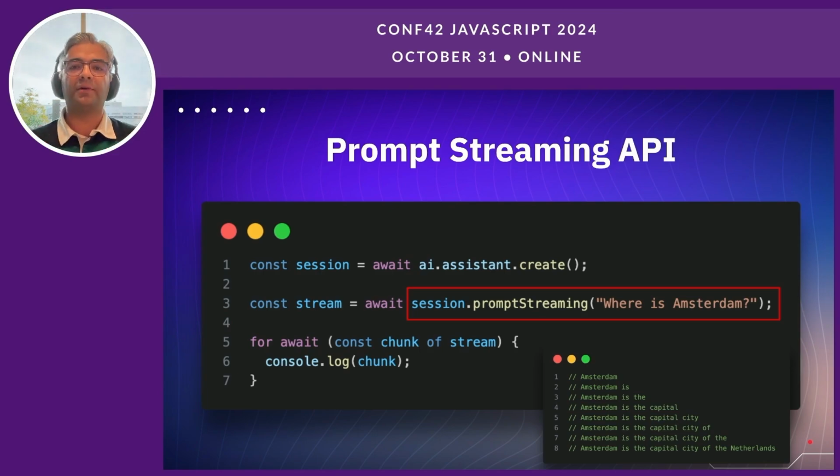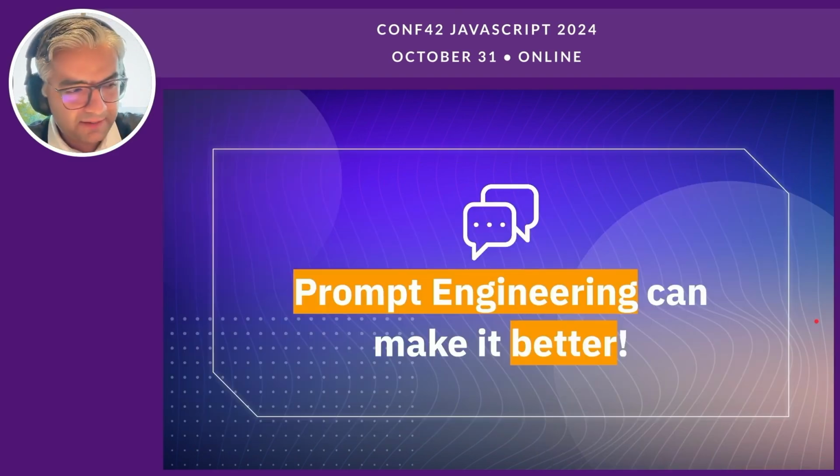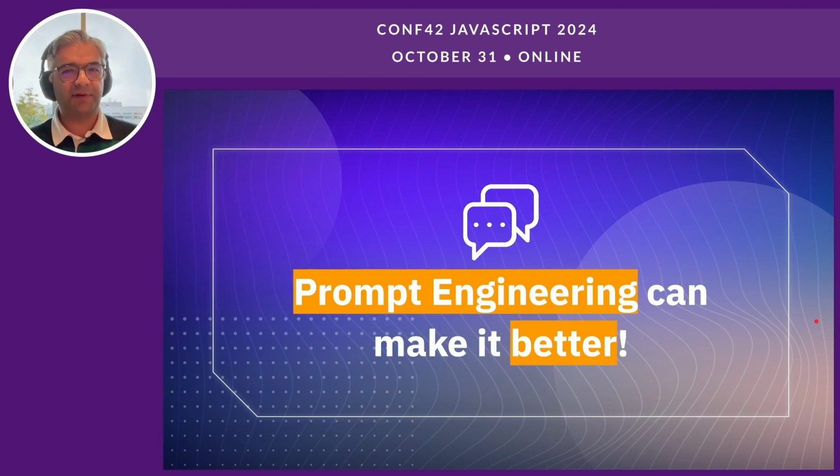That's how it works. When you're dealing with prompt or prompt streaming, just imagine how it works. This is a cool API from the built-in AI API. No ML expertise required, no AI expertise required, no neural network, no magic.